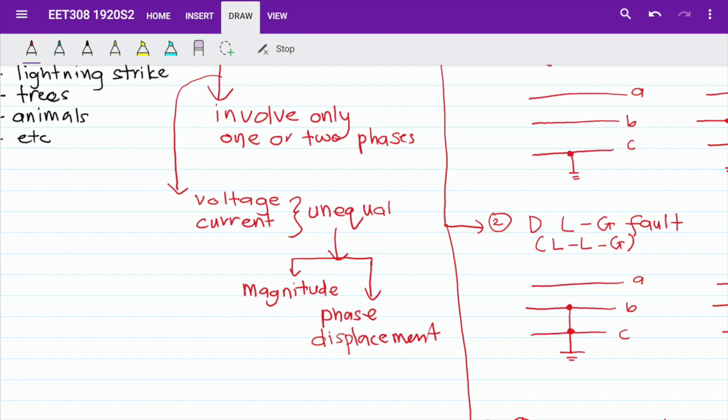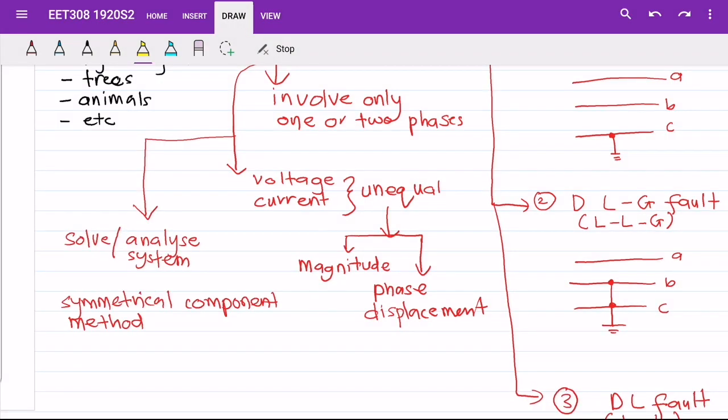Therefore, in order to analyze the system when unsymmetrical fault occurs, we need to use a method called the symmetrical component method. To solve or analyze the system related to unsymmetrical fault problems, we can use symmetrical component methods. We will discuss this topic in chapter 5.